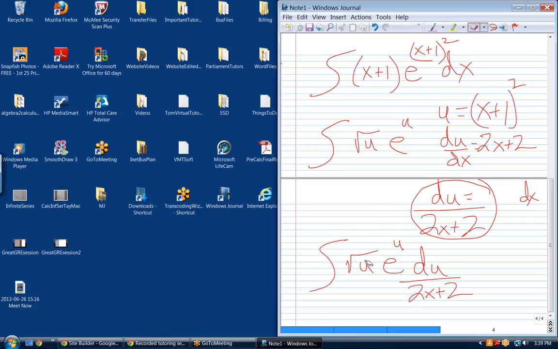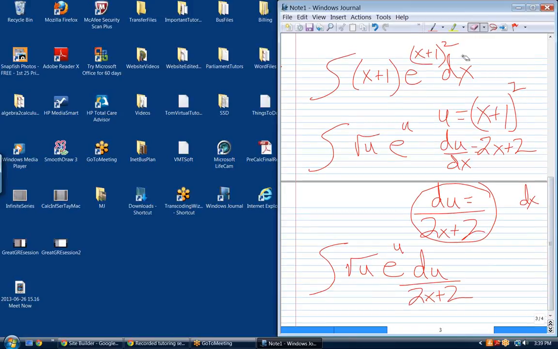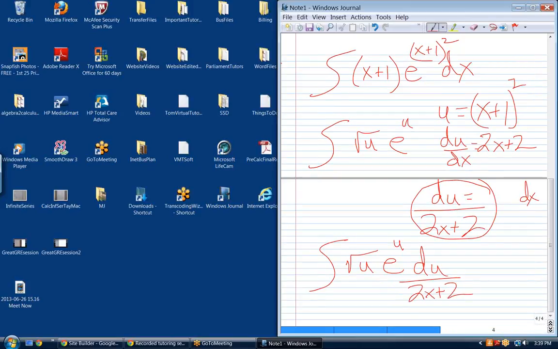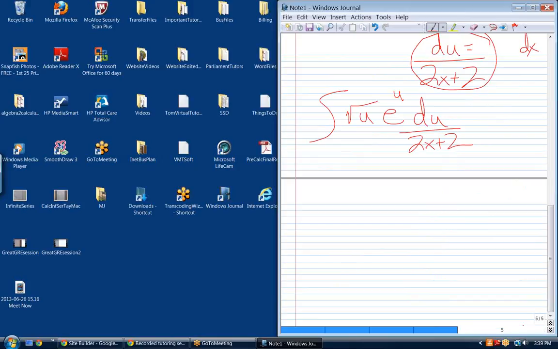Now, when you're using substitution, you want the final integral to have nothing but u's in it. You can't handle an x because we're not doing dx, we're doing du. So right now this is not very convenient because I got this 2x plus 2 down there.